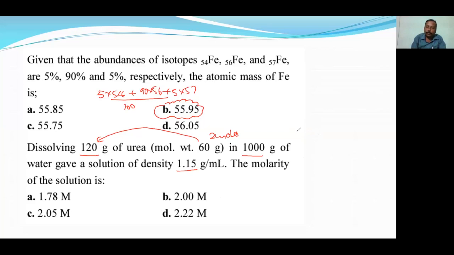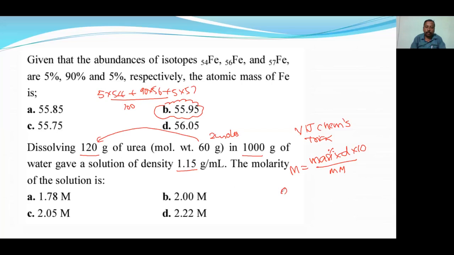Molarity is equal to mass percentage into density into 10 divided by the molecular mass. So mass percentage you will write and find out. And 1.25, 120 grams, otherwise we can do it directly also.